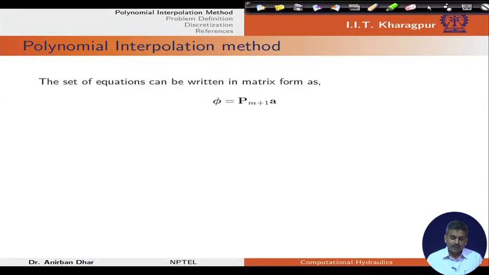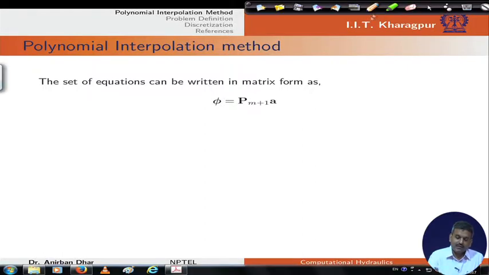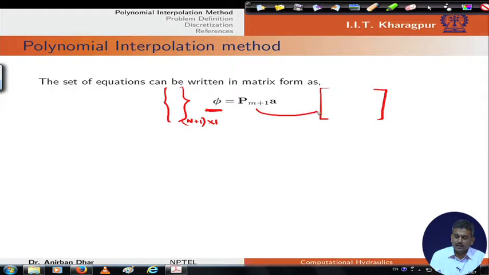Now, if we write it in the form of matrix, we can write phi, which is a column vector, of size n plus 1 into 1, and p is a matrix of size n plus 1 into m plus 1, and we have this a, again this is m plus 1 into 1.